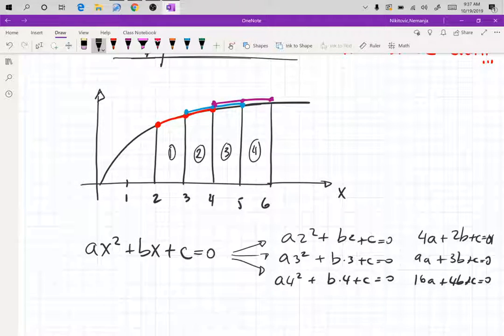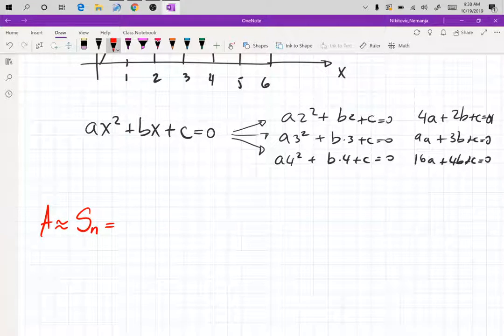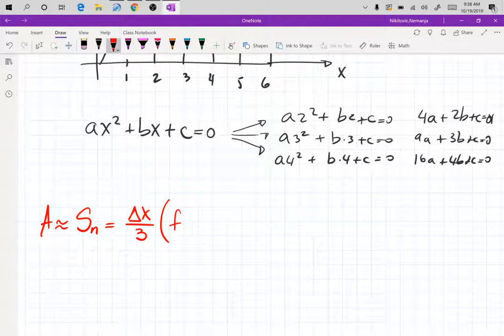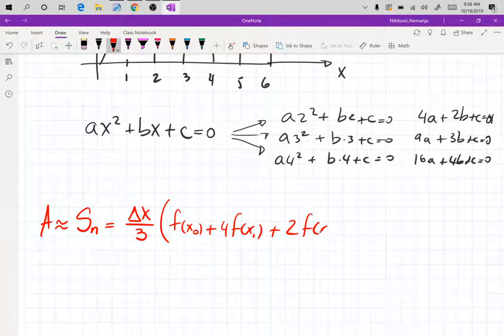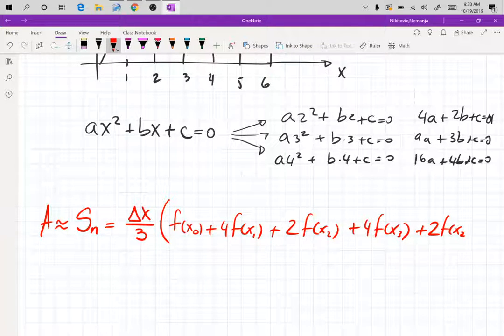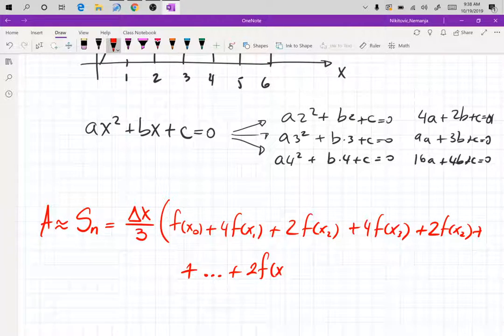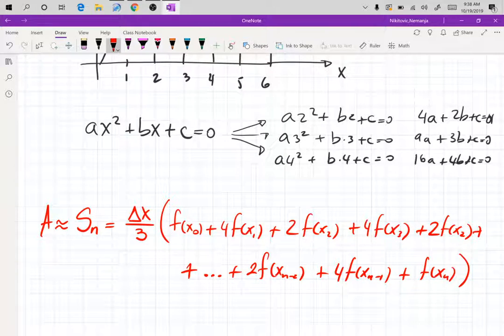So after an hour of algebra, it all boils down to area is approximated by Sn, which is delta x over 3 times f of x0 plus 4 f of x1 plus 2 f of x2 plus 4 f of x3 plus 2 f of x2 plus ... plus 2 f of xn minus 2 plus 4 f of xn minus 1 plus f of xn, and then it's done.